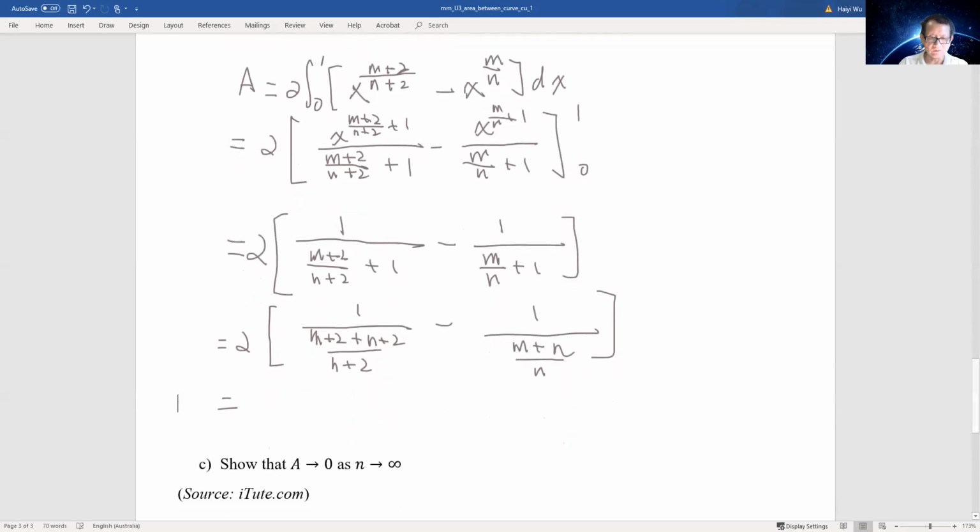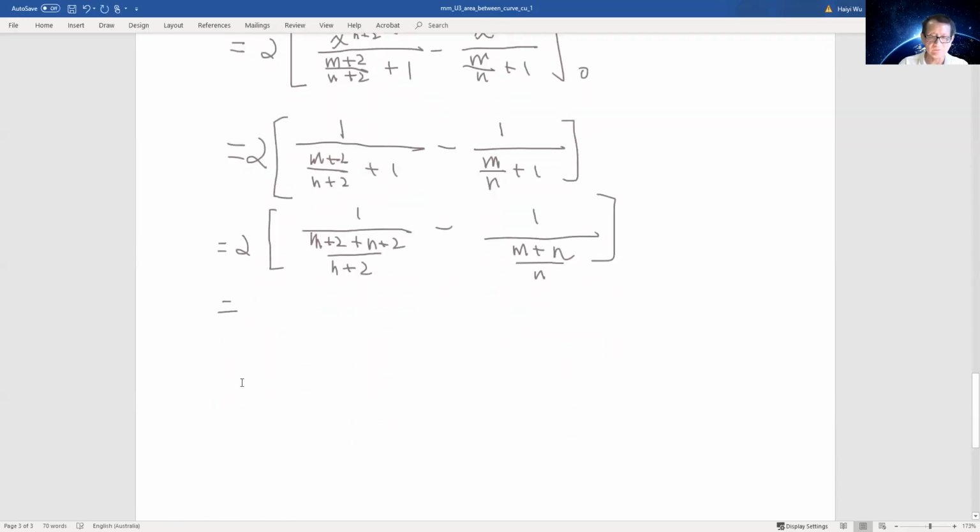It's patience game, isn't it? We just need to go one step at a time. When you see those compound fractions, we just flip on top. So m plus n plus 4, and that one will be m plus n. Flip on top, n. Now we still haven't finished yet because we want to simplify this bracket.